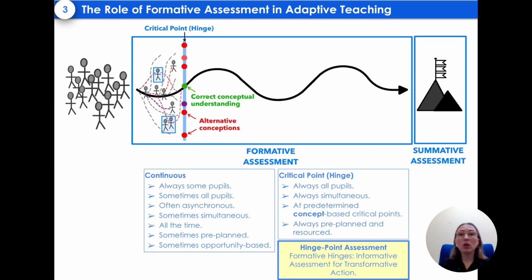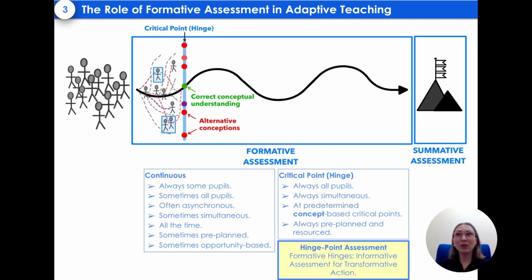And also in the context of that, and in the course of the formative assessment before that as well, we've got the purple dot and we've got the sort of salmon coloured dot, which is not very easy to distinguish from the red. And these could be other alternative conceptions that we've not even dreamed a pupil could make.